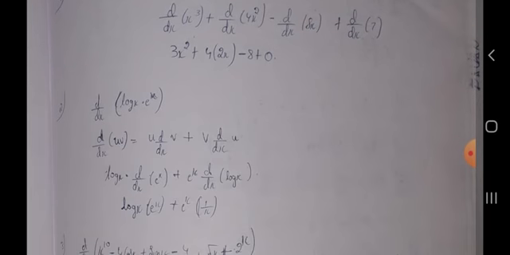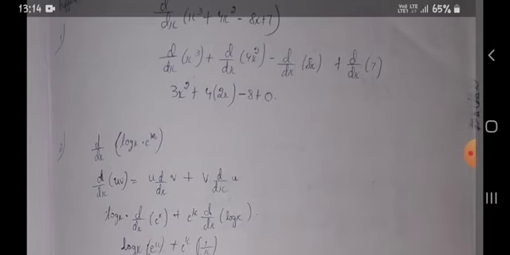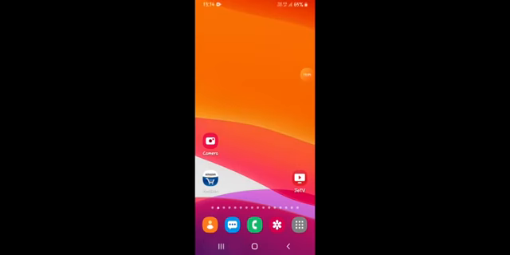Next, d/dx of log x into eˣ is equal to, d/dx of u into v is equal to u d/dx v plus v d/dx u. This formula you have to use, the rule that we learnt just now, that you have to use here.